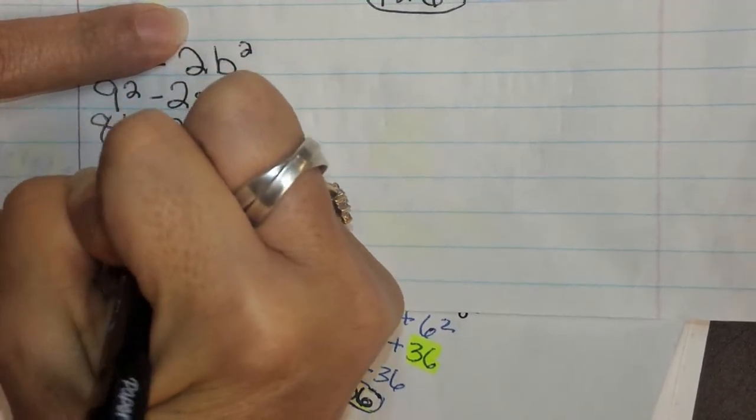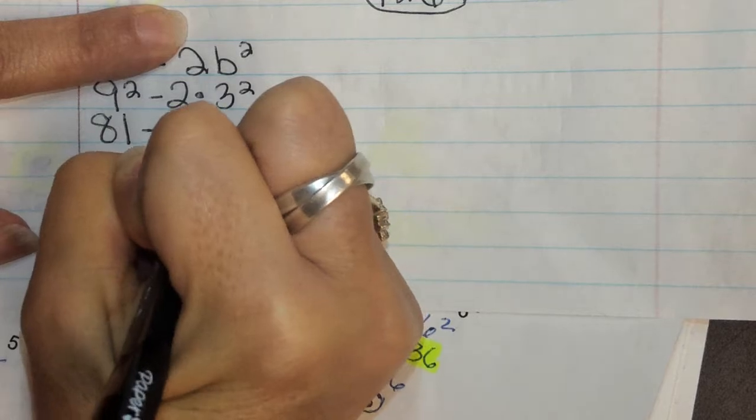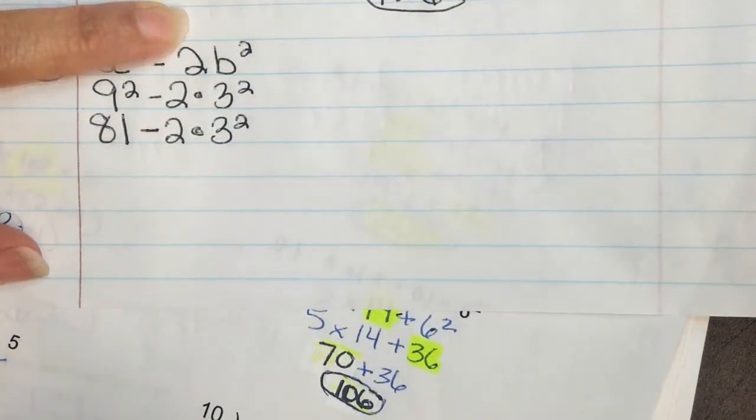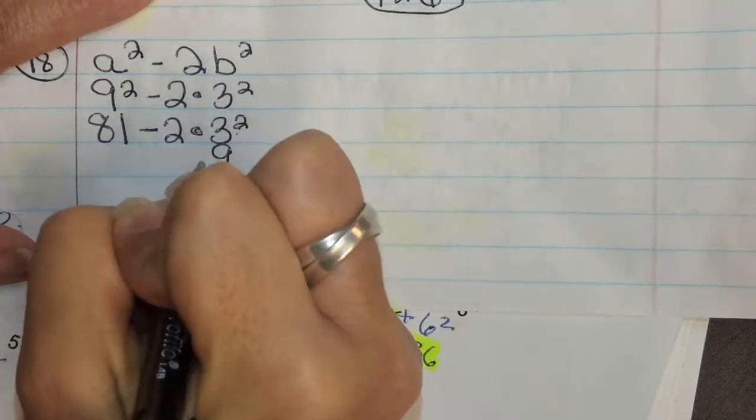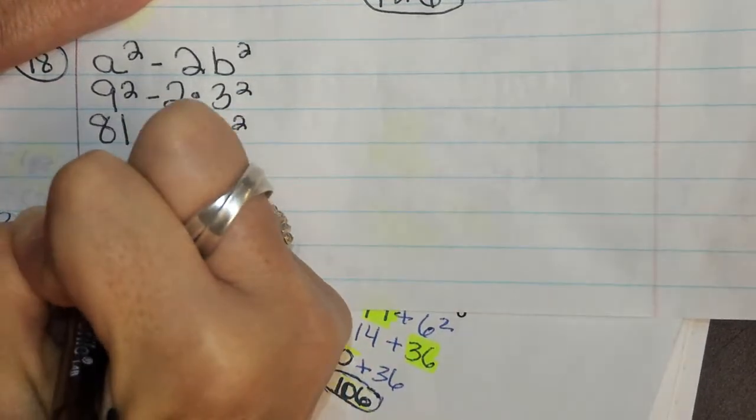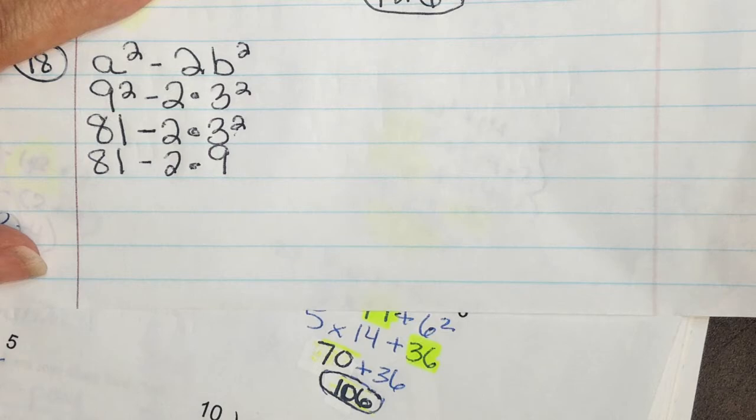Bring down everything else. Now get rid of this square. 3 times 3 is 9. Now, subtract or multiply? Multiply.